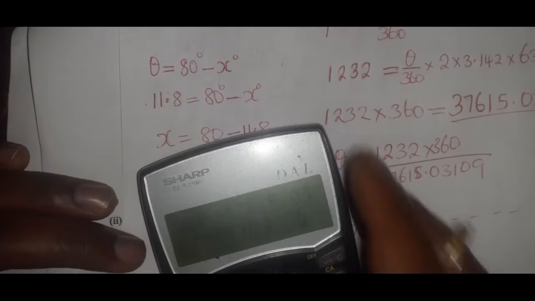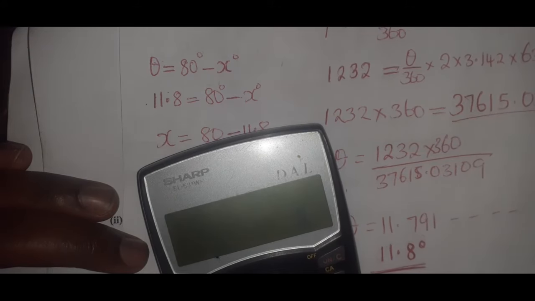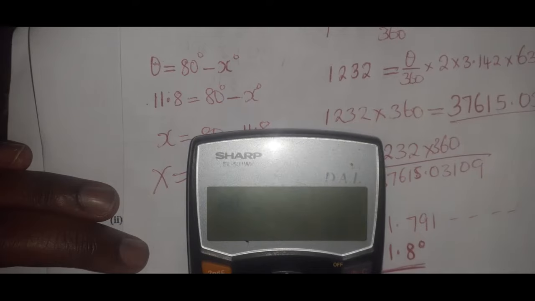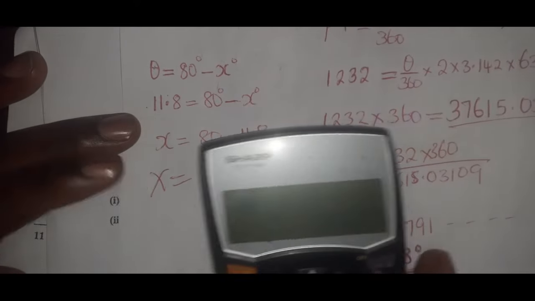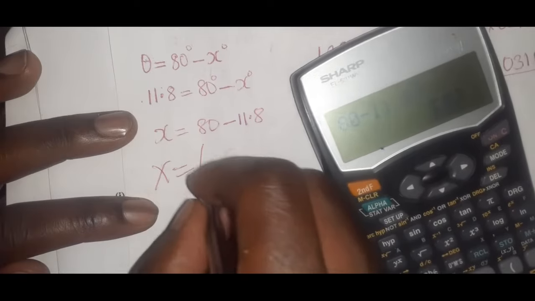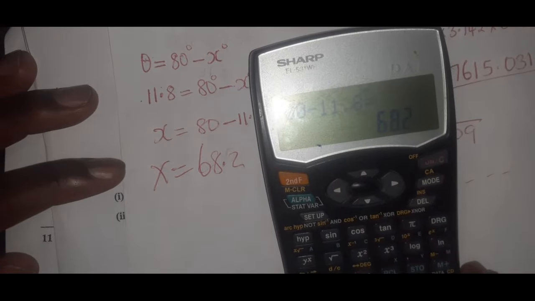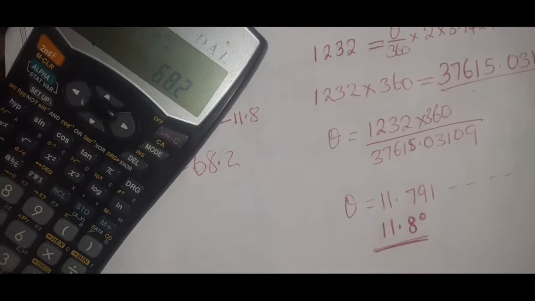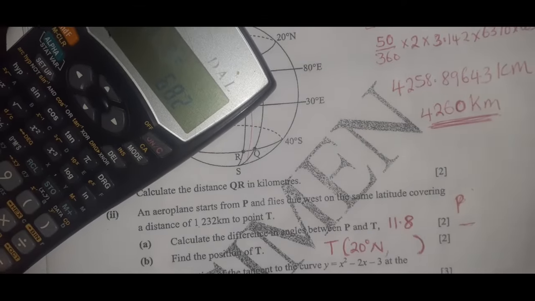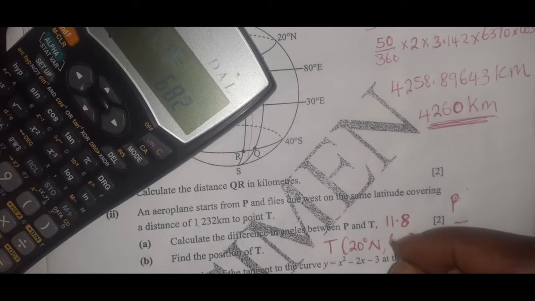X is going to give us 68.2. So on the position here, this is going to be 68.2.